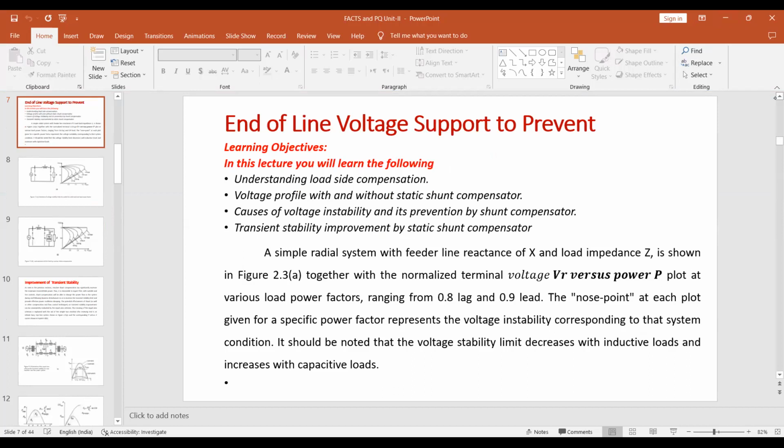The objective of this lecture is to understand the load side compensation, voltage profile with and without static compensation, and causes of voltage instability and prevention by shunt compensation and transient stability. So transient stability we are going to conduct in the next lecture.